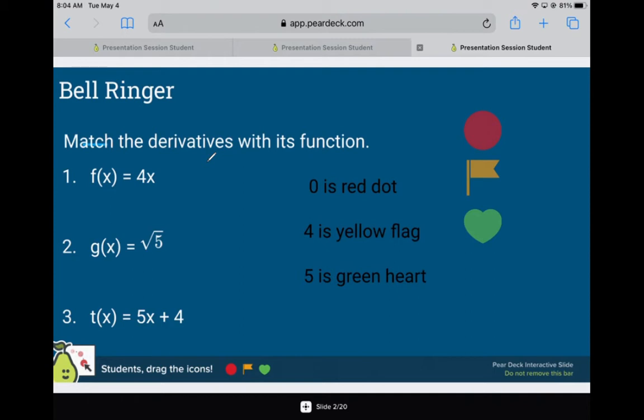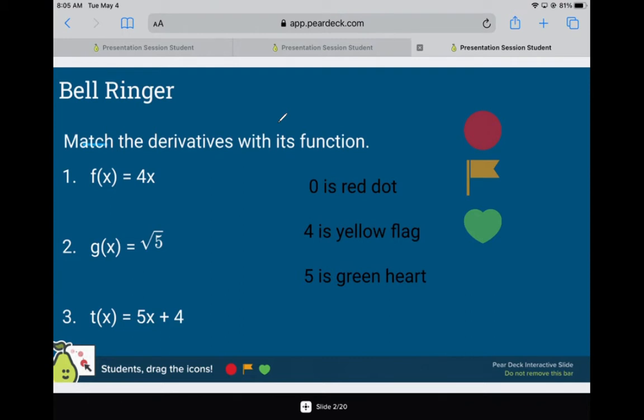It's like we're looking for the slope. If you look at this function, what is the slope of this line? If you think about it, you have an equation y equals 4x. What is the slope? And that is the derivative of this function, okay?